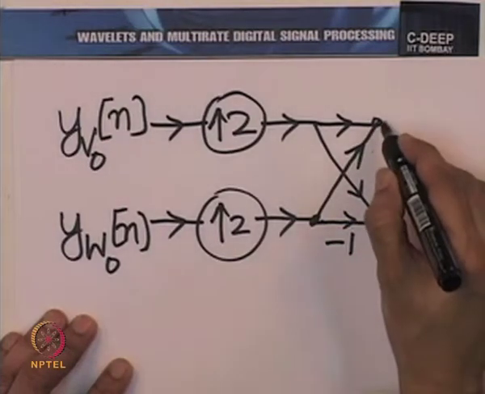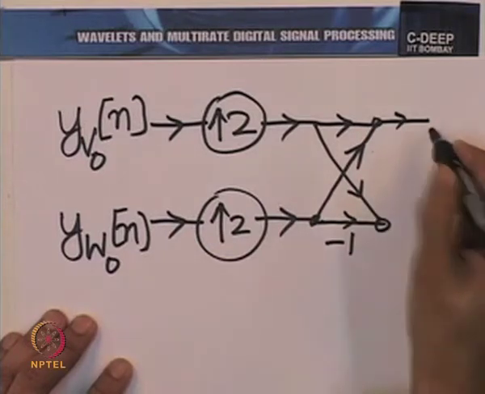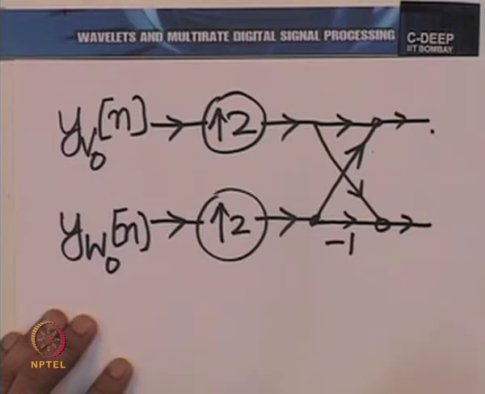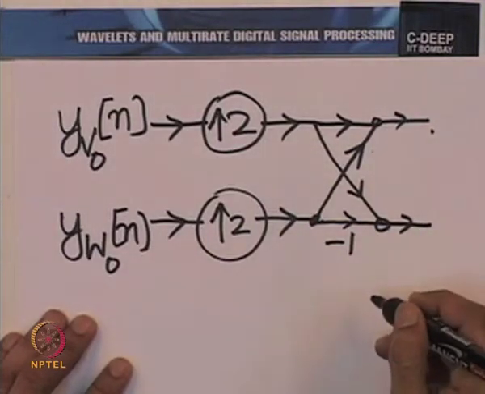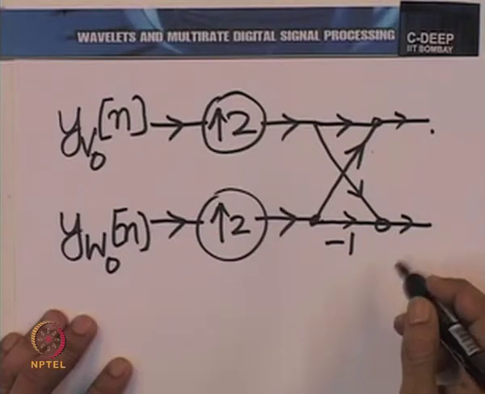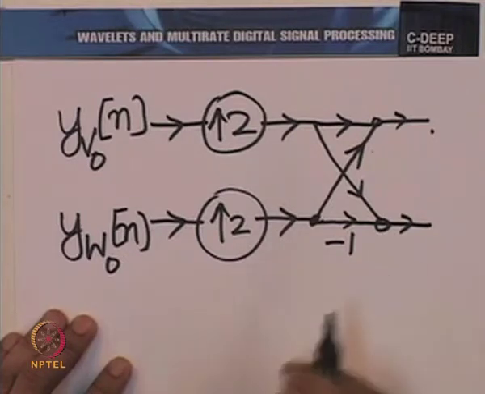And what I am saying is, I pass the sum branch at one instance and I pass the difference branch on the next instance. And remember, this is operating at twice the rate. So this upsampling operator needs to be located slightly differently. We have to interpret this properly.